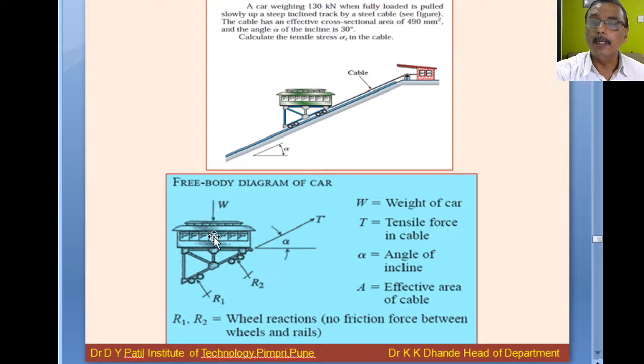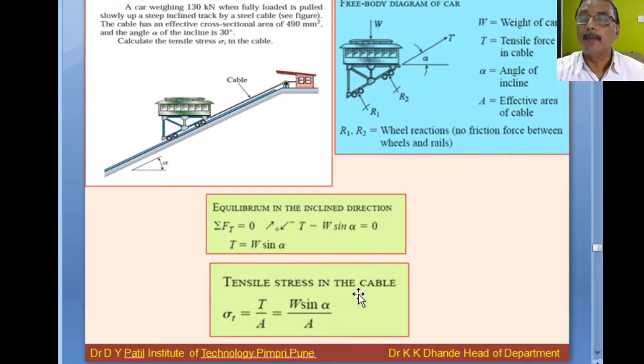W is the weight of the car, T is the tensile force acting in the cable, alpha is the angle of inclination, and capital A is the effective cross-sectional area of the cable.